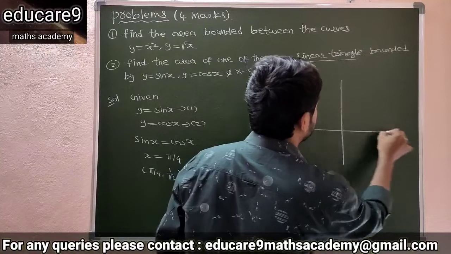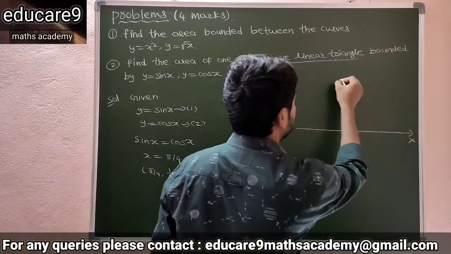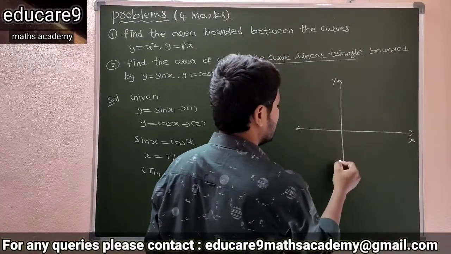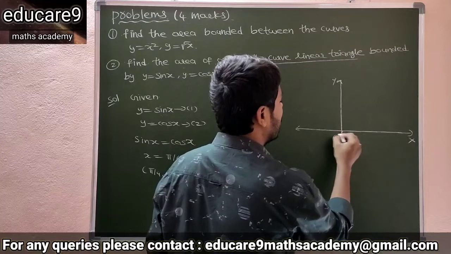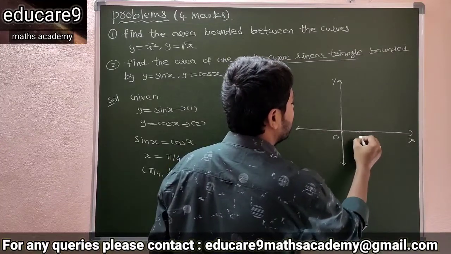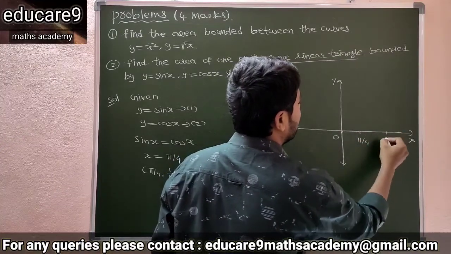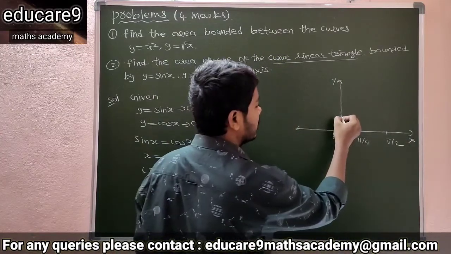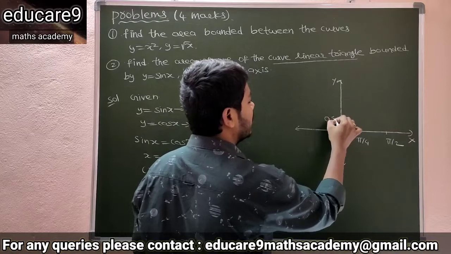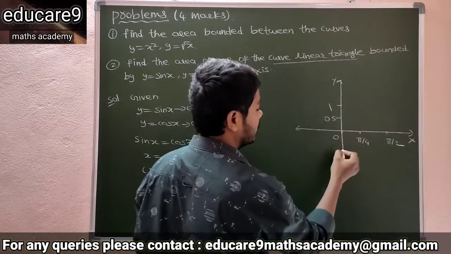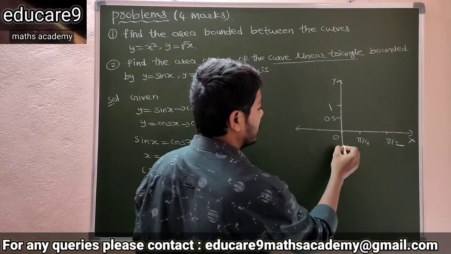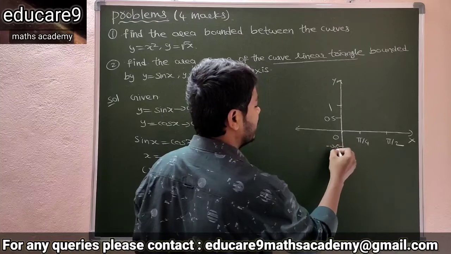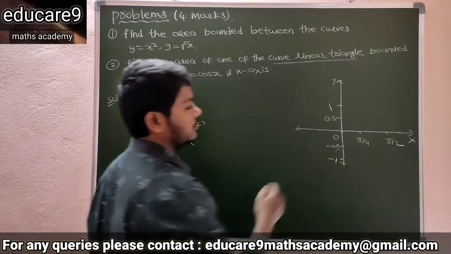So for that, consider the coordinate axis. So here 0, pi by 4 and pi by 2, 0.5, 1. Okay. So here minus 0.5, minus 1.